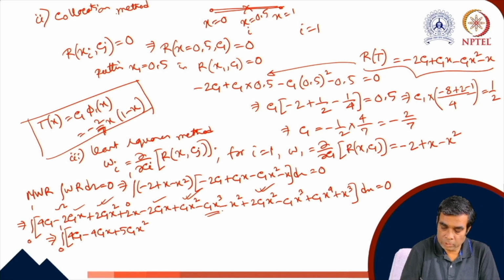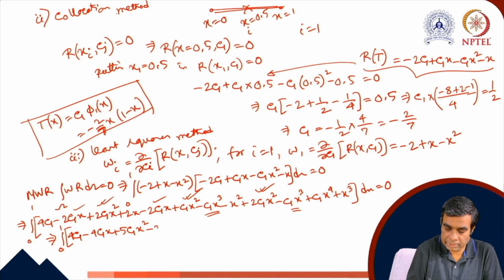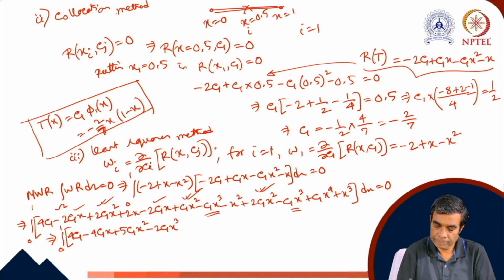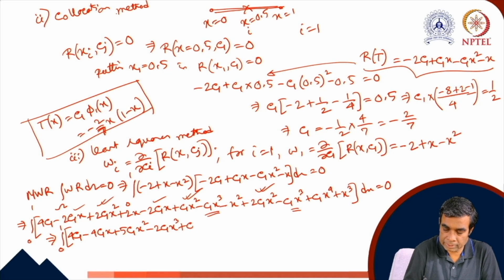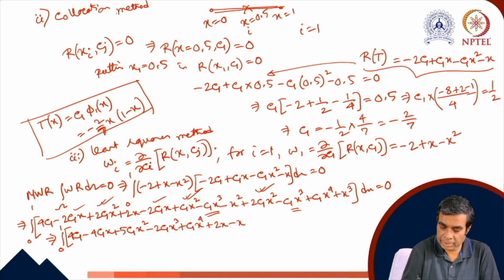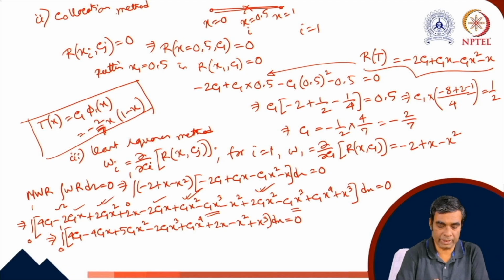Then c1x cube minus 2c1x cube. Then we are left with c1x to the power 4 plus the remaining terms 2x minus x square plus x cube, dx equals 0. Still I want to cross check it.